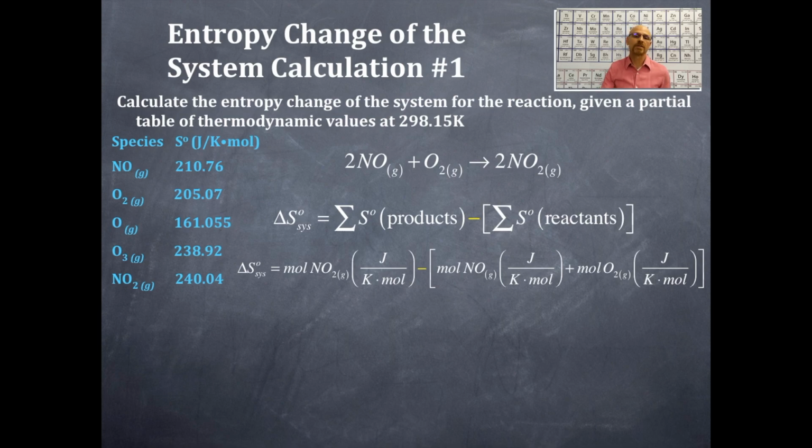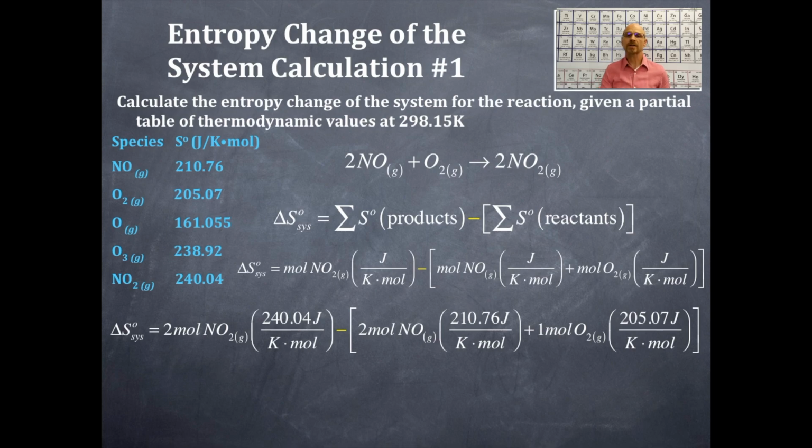Now I'm going to very carefully pull out the values from the thermodynamic table in the aqua blue color and plug them in. Delta S naught for the system is equal to 2 moles of nitrogen dioxide times its value, 240.04 joules per Kelvin mole, minus 2 moles of nitrogen monoxide times its value of 210.76 joules per Kelvin mole, plus 1 mole of oxygen at 205.07 joules per Kelvin mole.